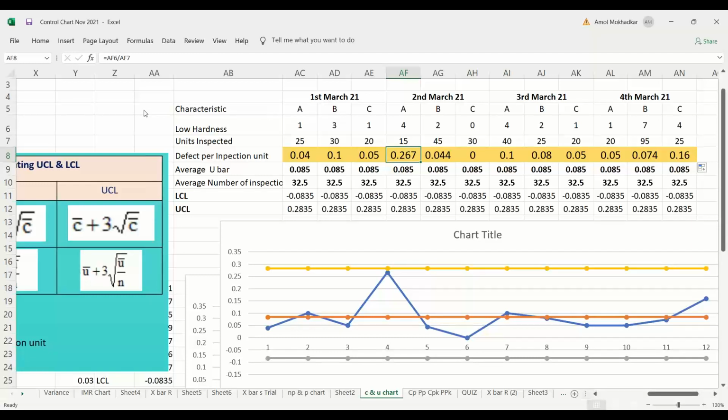Got it? So now what you will use is defects per unit. So you have the data, you have how many samples being inspected, tested, and now you will write here defects per inspection unit. The number of defects you are going to write, and then what you are going to calculate is the average, U bar.